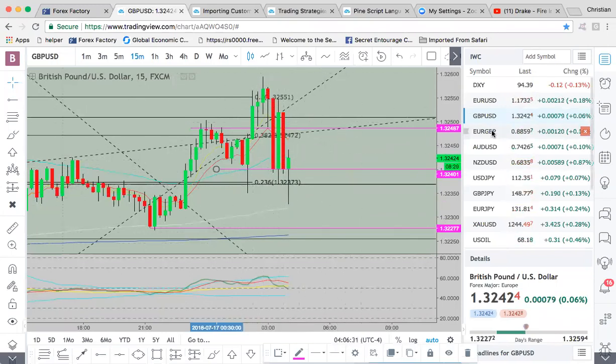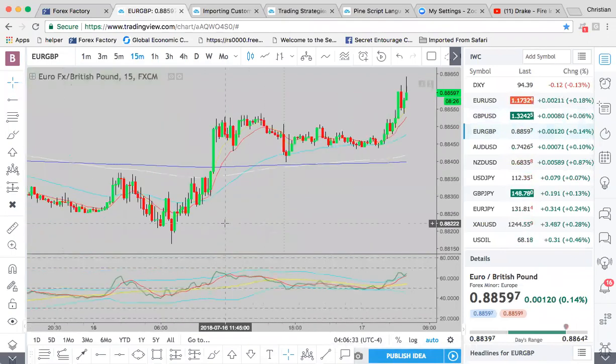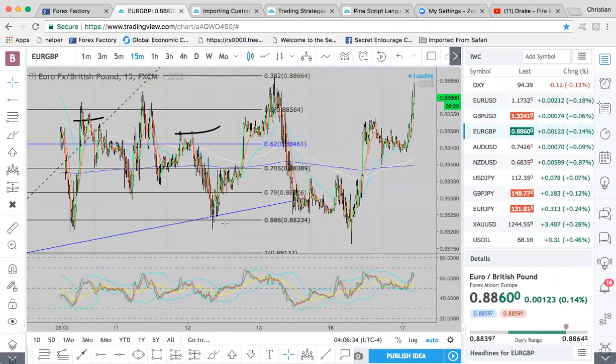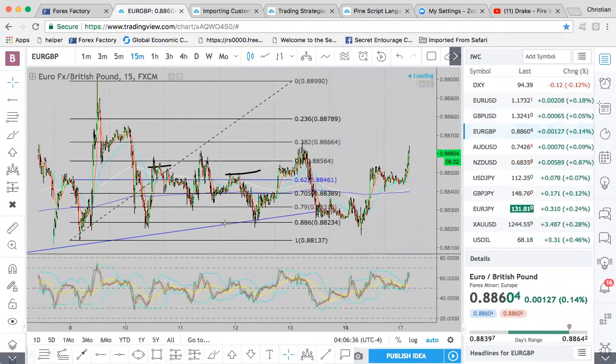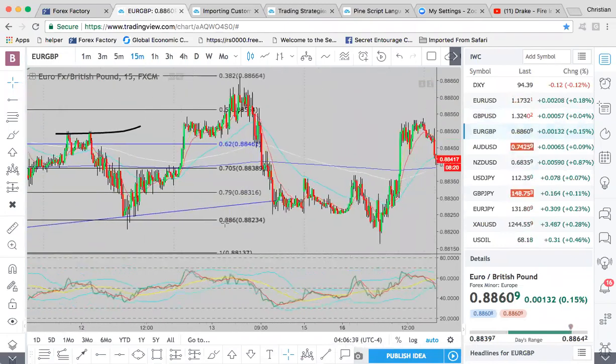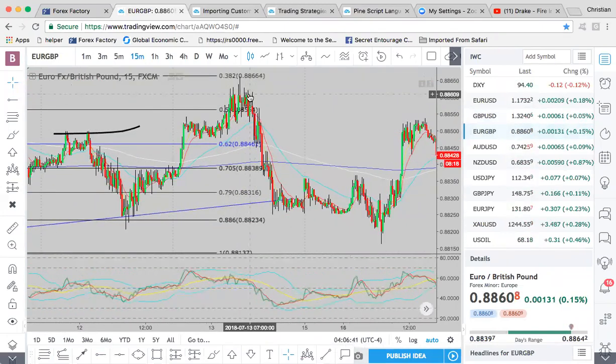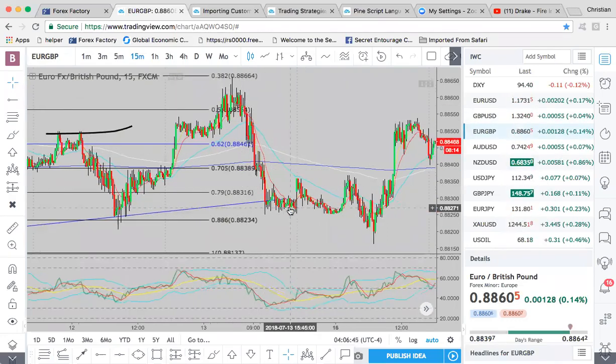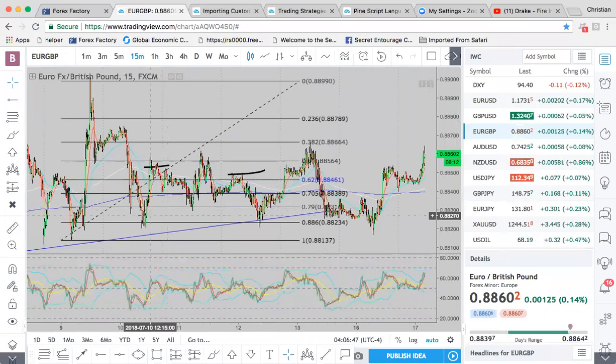Governor speaking though, let's take a look at Euro GBP. So as we saw Friday, we was buying EU and GU, and Euro GBP was going to the downside nicely. Then what happened? Market structure low, right here.